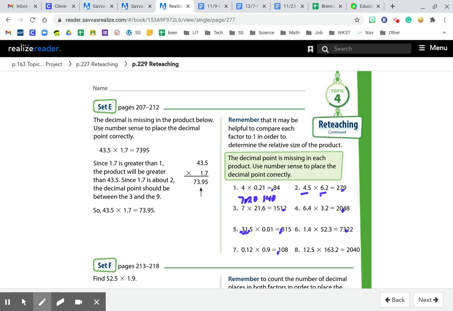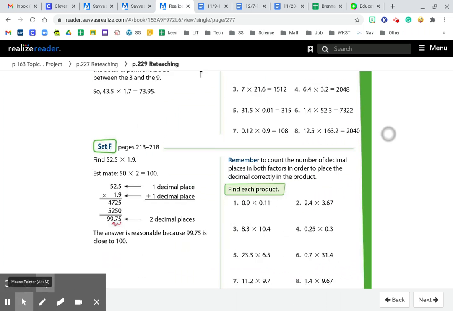And for number 8, 12 times 160, we could do 10 times 160 would be 1,600. So our decimal is going to go at the end of that one. So you really didn't have to do any computation on there. It's a lot of mental math and problem solving using your brain.